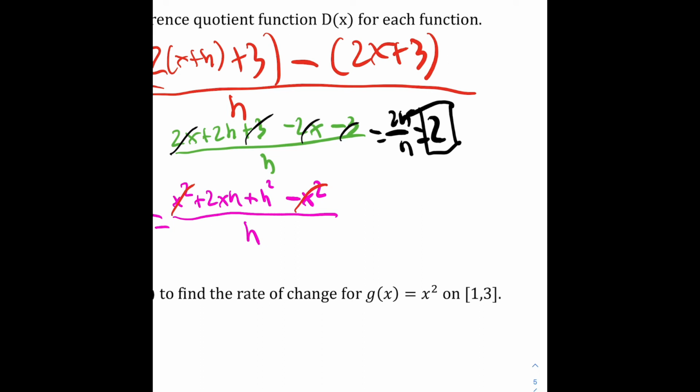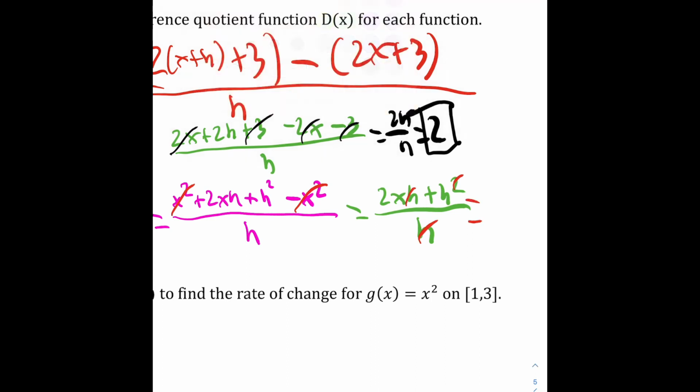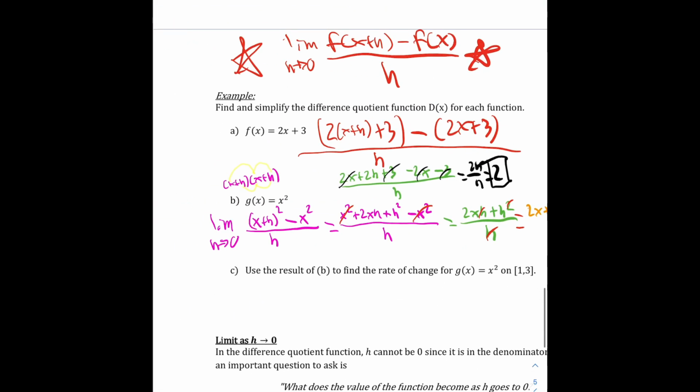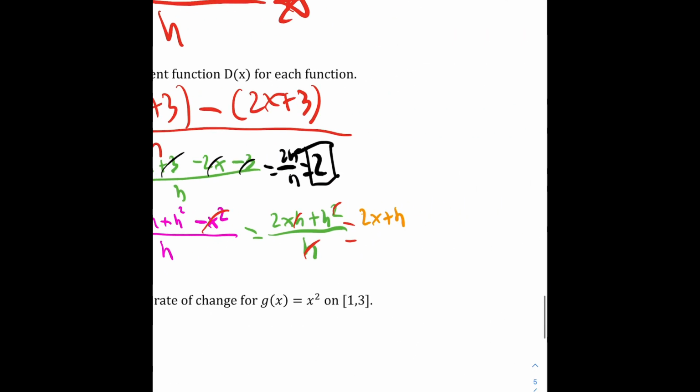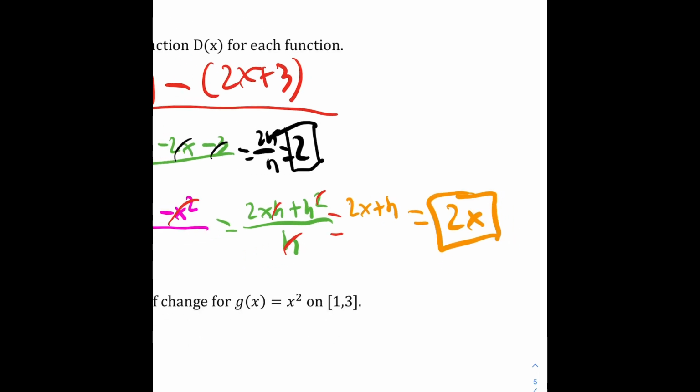So we are left with 2xh plus h squared all over h. If you divide these out, this goes away and this goes away. You are just left with 2x plus h. And then as h approaches 0, this is just going to equal 2x. So my final answer for this one is 2x.